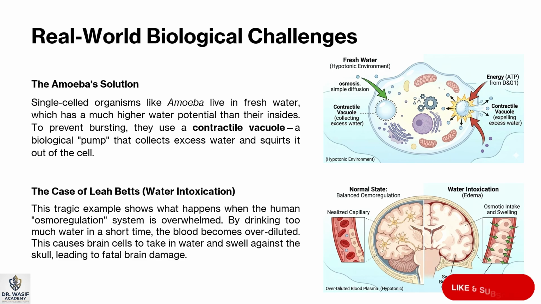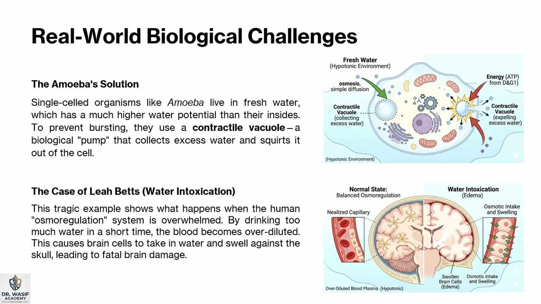However, this system can be overwhelmed. A tragic real-world example is the case of Leah Betts. After drinking a massive, unnatural amount of water in a very short time, her blood became extremely overdiluted, and this created a dangerous water potential gradient.